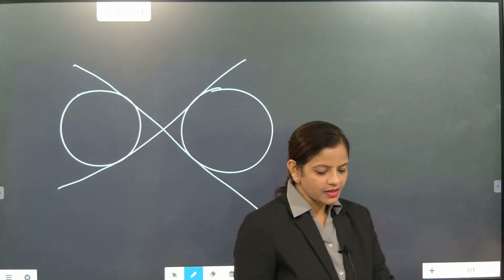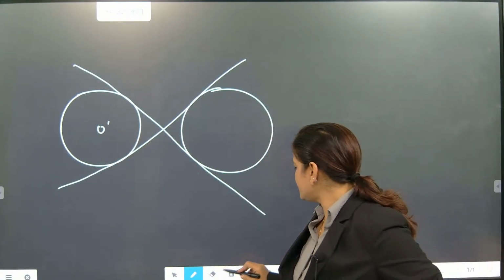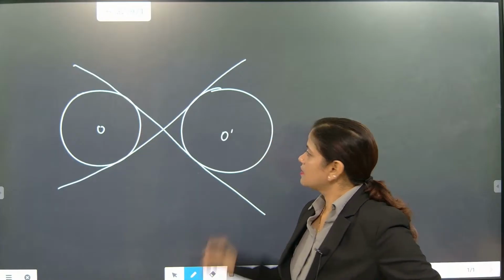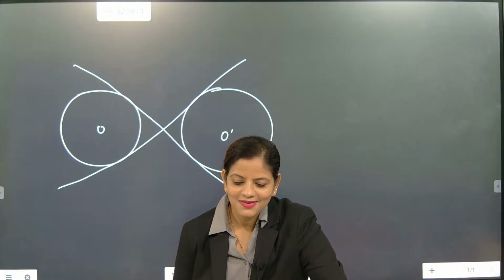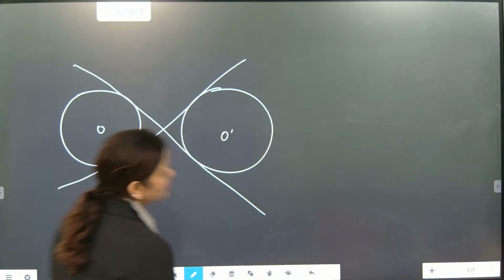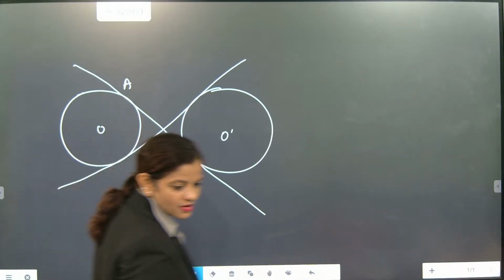So two circles are there. One has center O, another has center O dash. Understood? So now A, B, C, D. You know you are crossing all limits. Last time only I am telling you.